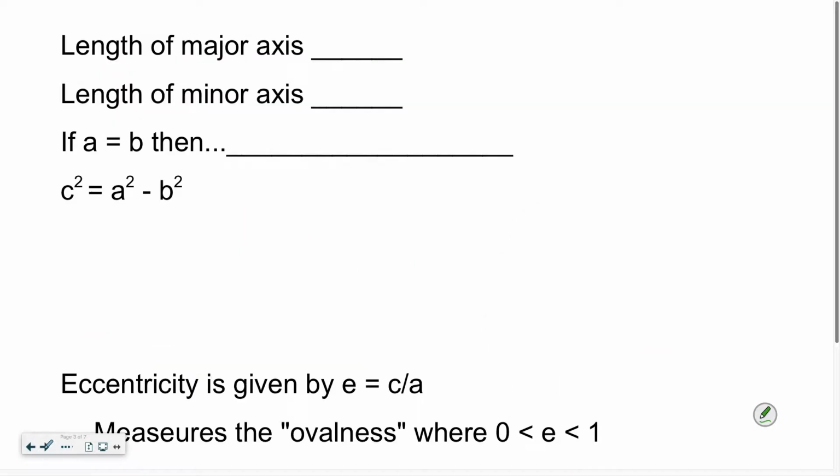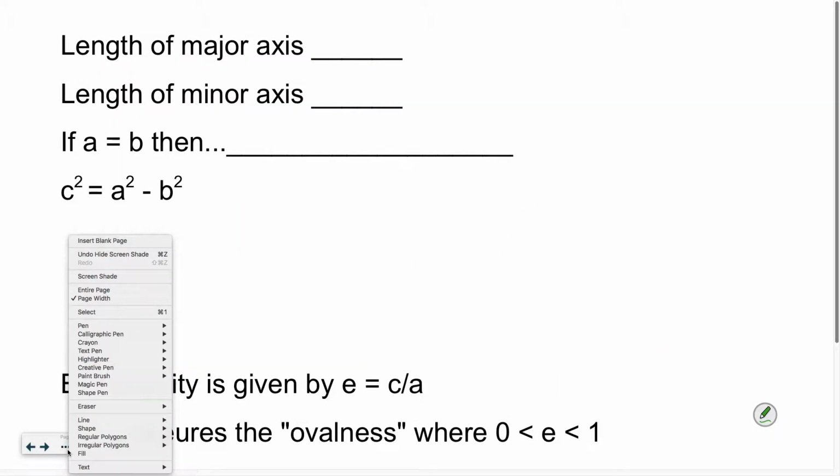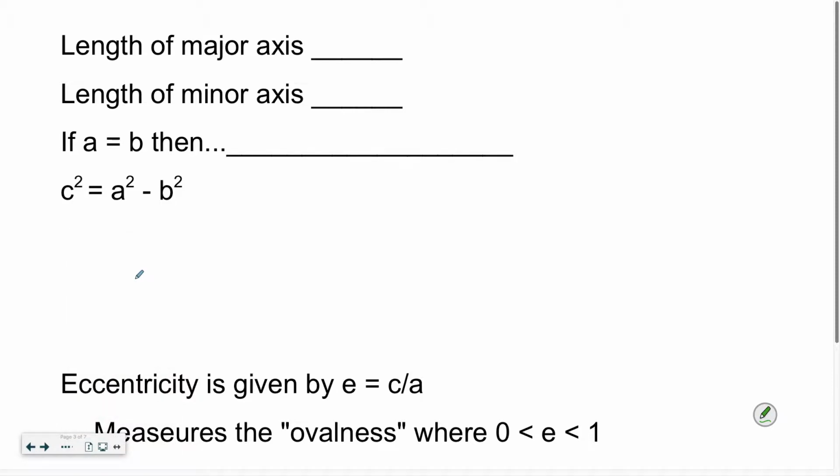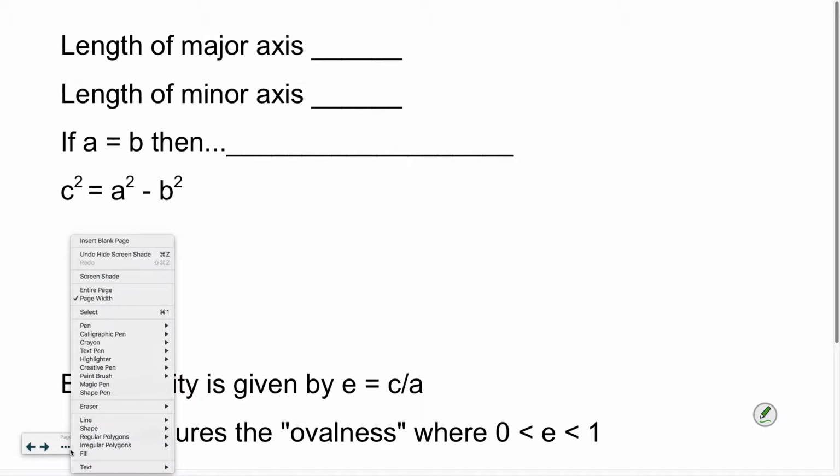Okay, now I want you to look at the major axis. How long is the major axis? If we go from vertex to vertex, what would that distance be? a plus a, right?